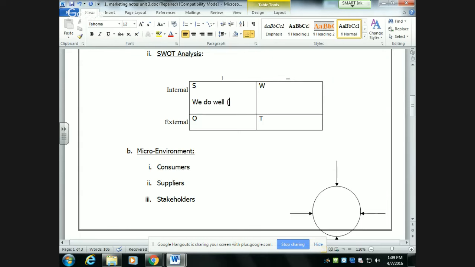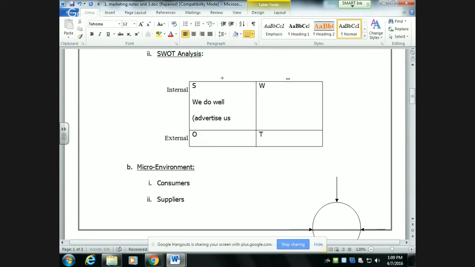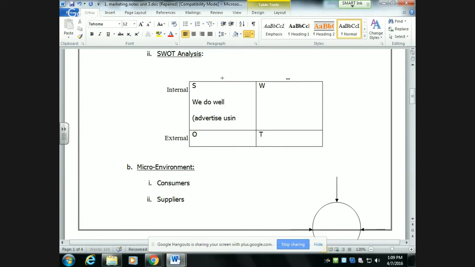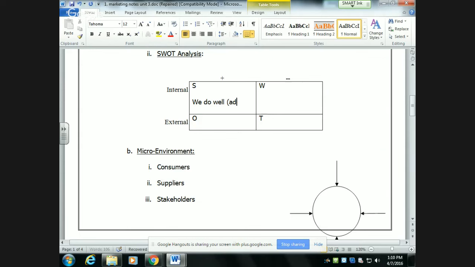Maybe that would be something like we advertise using well-known athletes, or we have a great research and development team that's good at innovation with products, or whatever the case might be. Okay, so SWOT, or strengths, stuff we do well.